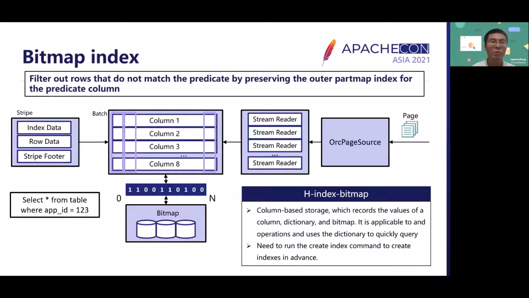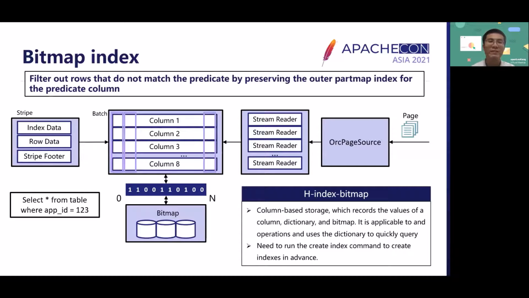For example, if we want to select star from the table where a column equals a value, after the data is read from the data source, we can use the bitmap to filter the data line by line. We return only the lines that actually contain the value and filter out the lines that do not, reducing the overall data amount sent to the query engine and improving the processing performance.